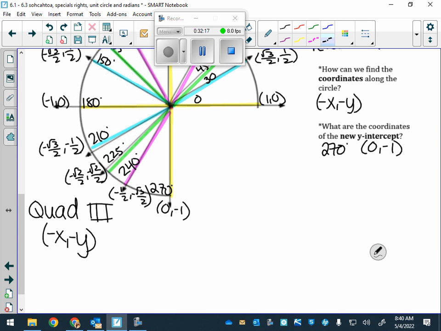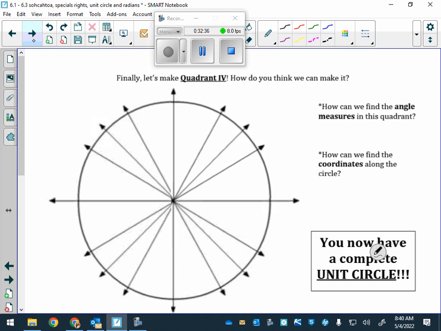Okay. So, if you guys notice, out of all these quadrants we've done so far, what is the most important? Yeah. Quadrant 1, because isn't it the same all the way throughout, right? So now we're going to finish the circle. Quadrant 4, what is the deal with quadrant 4?